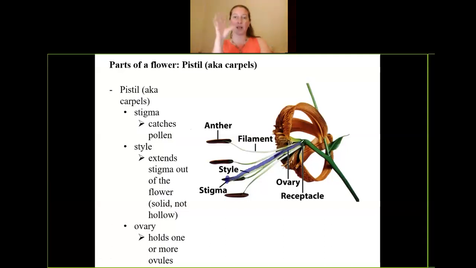Because if you're going to want to catch pollen, you don't want to be all buried. You want to be out and available to be sticky and to catch the pollen. And lastly, the ovary, which is hard to see. Well, I kind of drew over it here, but let's say here, there. The ovary is going to hold one or more ovules, depending on the species. Okay, so that is the pistil or carpels.